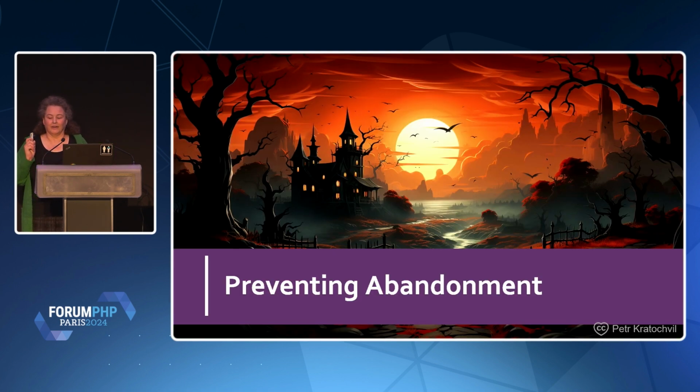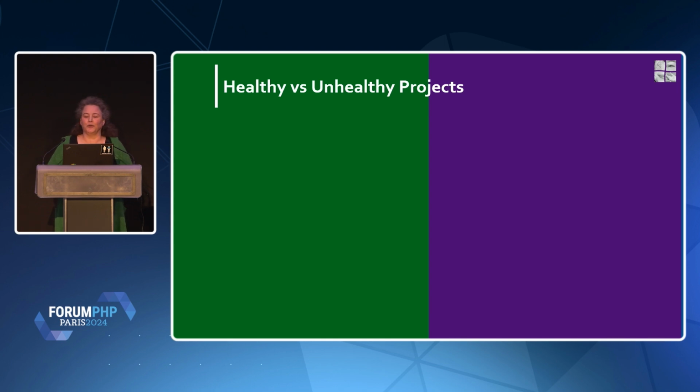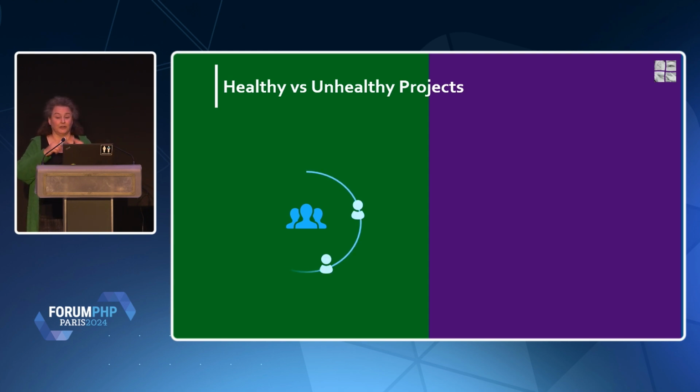Now, let's see about preventing abandonment. I think if I talk about healthy and unhealthy projects, people will recognize the images I'm going to show. Basically, a healthy project has multiple maintainers. It has a first line circle of regular contributors who are involved with the project, who know the project, who watch the project.